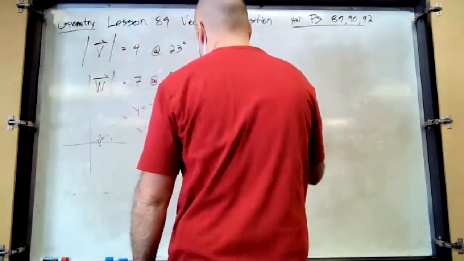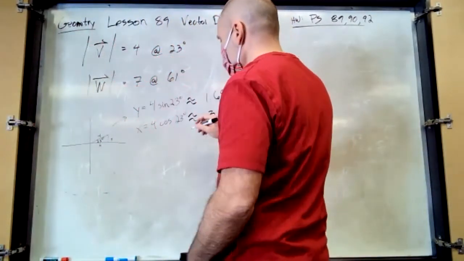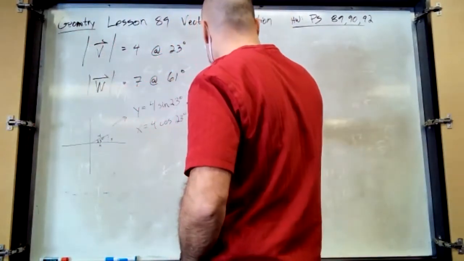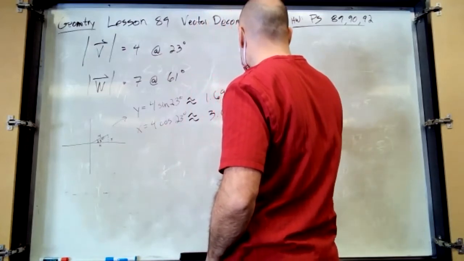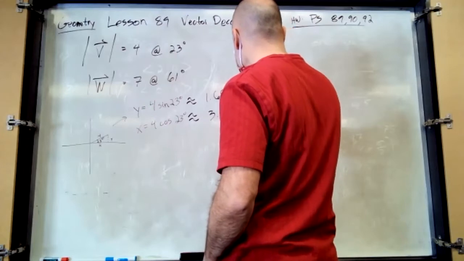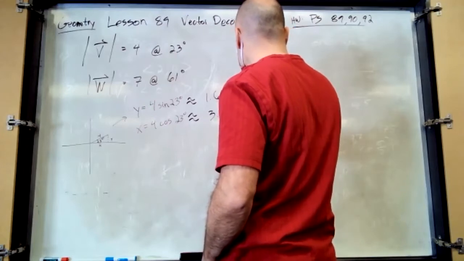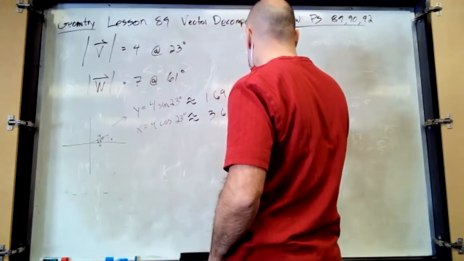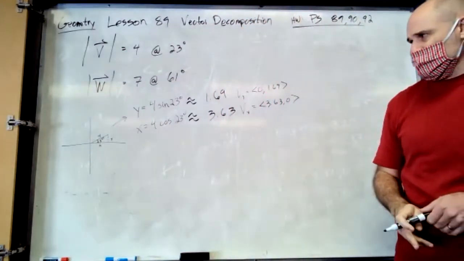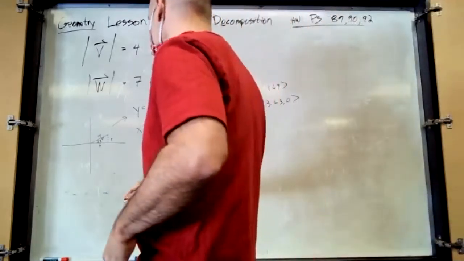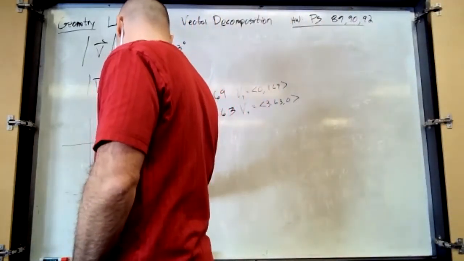Our y vector is 0, 1.69, and our x vector is 3.63, 0. Okay, so we decomposed that vector. Let's decompose this one. So you guys try this.